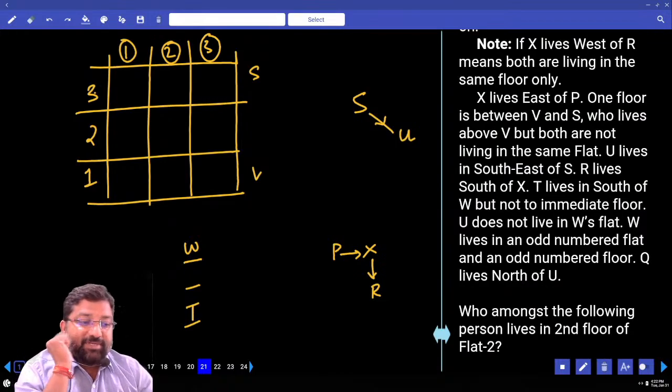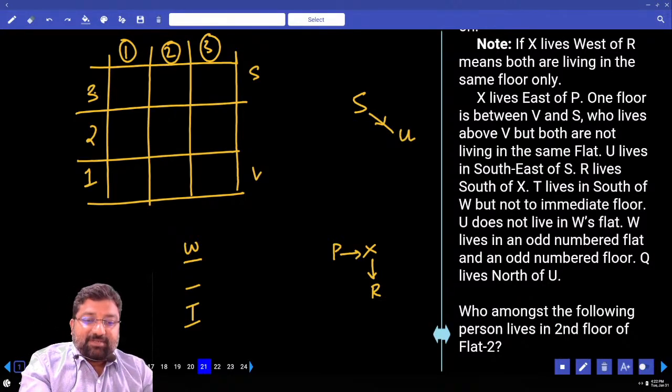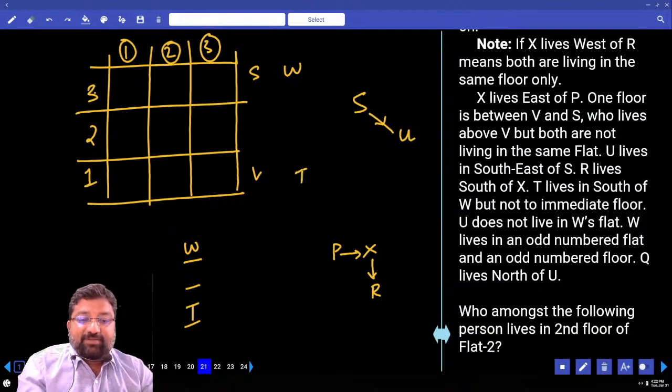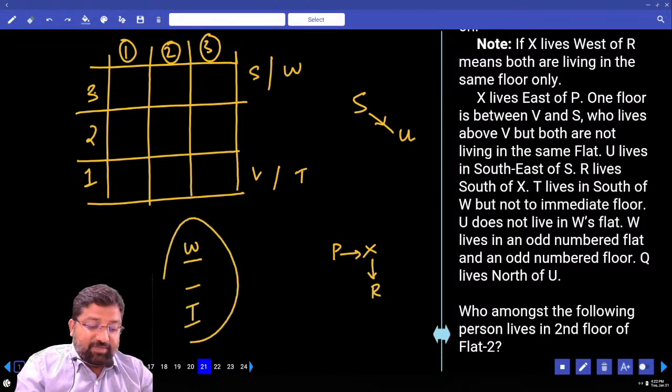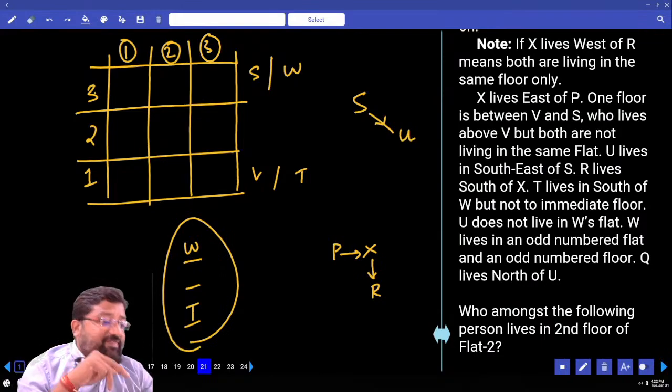Let me make one point clear. Third floor is occupied by W and S. This is the arrangement. Already S is on the third floor, V is on the first floor. But from this clue, W is on the third floor, T is on the first floor.